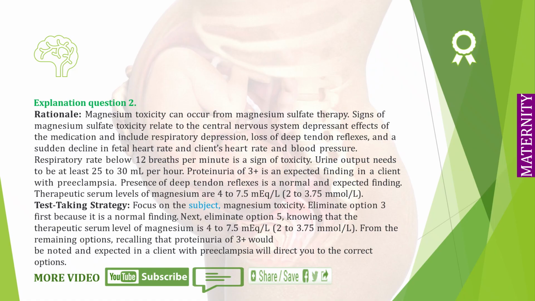Eliminate option 3 first because it is a normal finding. Next, eliminate option 5, knowing that the therapeutic serum level of magnesium is 4 to 7.5 milliequivalent/L, 2 to 3.75 millimoles per liter. From the remaining options, recalling that proteinuria of 3 would be noted and expected in a client with preeclampsia will direct you to the correct options.